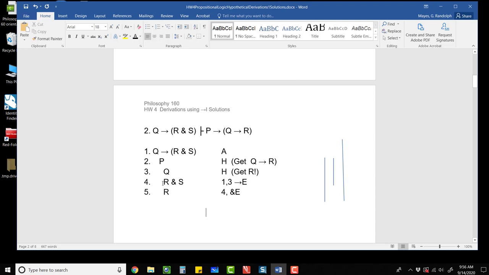Okay, so R and S by conditional elimination, R by conjunction elimination.